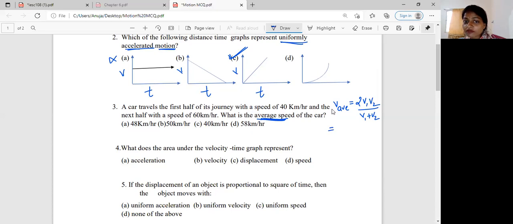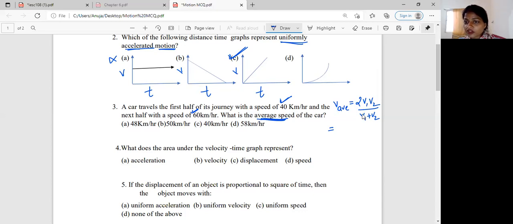When half of the distance is traveled with 40 km per hour and the next half of the distance is traveled with a speed of 60 km per hour, we can find the average velocity with this formula.